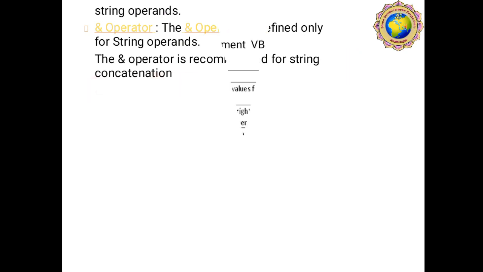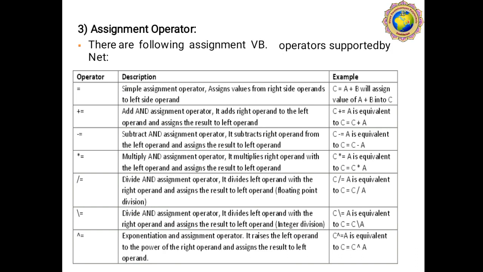Okay. Next, assignment operators. There are the following assignment operators supported by VB.NET. First of all, the equals operator simply assigns a value from the right side operand to the left side operand.